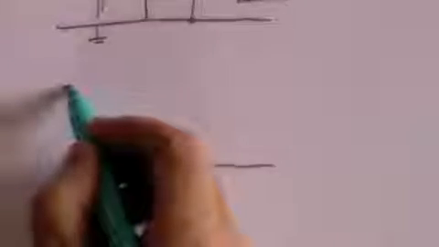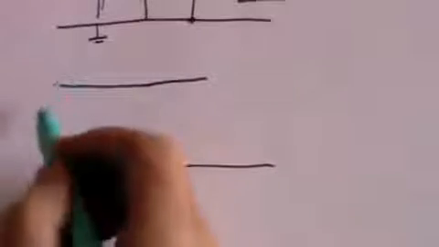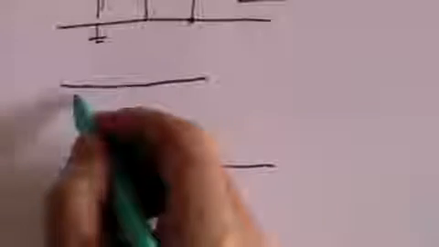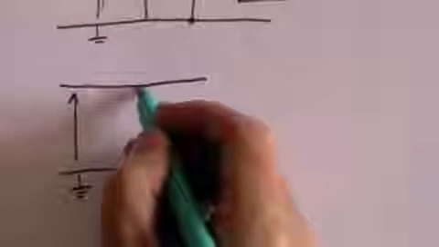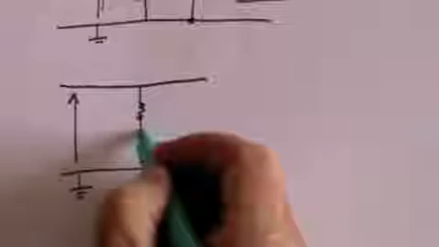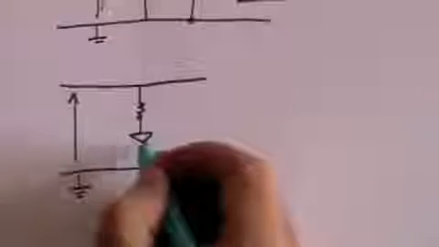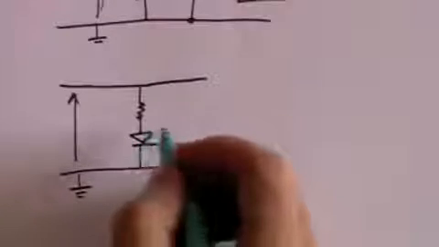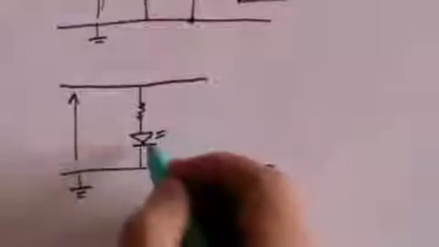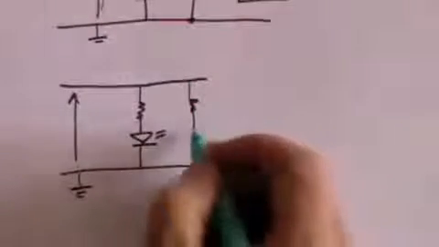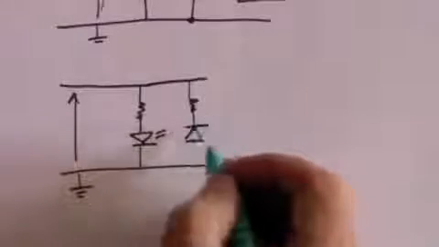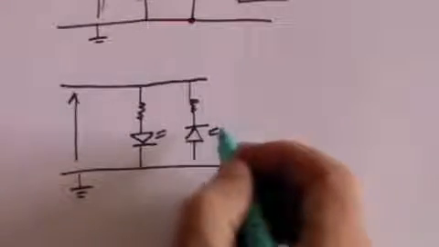Here is the earth. Here is the operational amplifier output, which has come from the sensing device and the operational amplifier this side. And this is the voltage, which may be positive, it may be negative. How do we know which? Well, we might have, say, a resistance and then a light emitting diode which emits, say, red light, and then here's another resistance here with a diode going the other way emitting, say, yellow light.